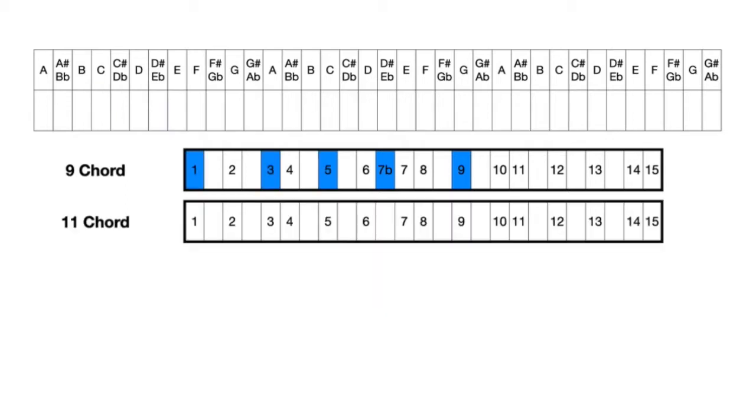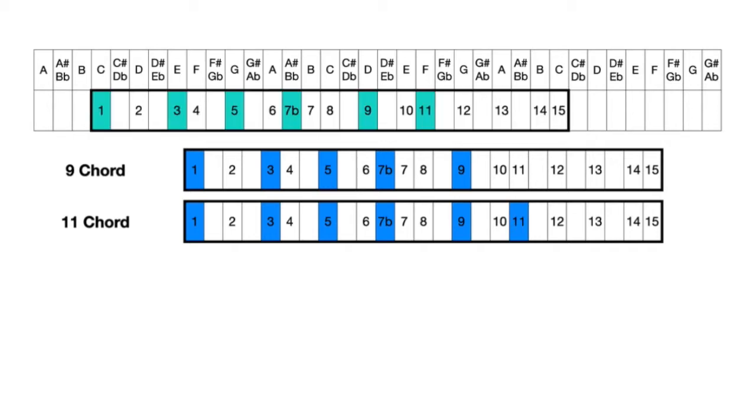An 11th chord, if it was on a piano, is 1, 3, 5, flat 7th, a 9, and then an 11. And notice that this 11th note, here it's an F, is the same as our 4th. So it's going to sound a bit like a sus4 chord.